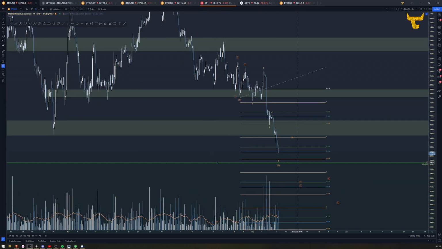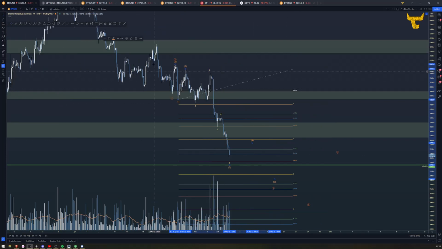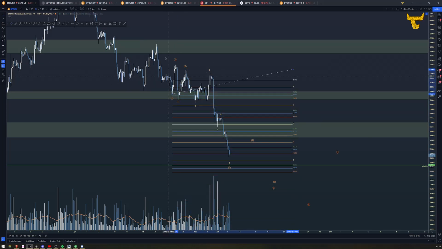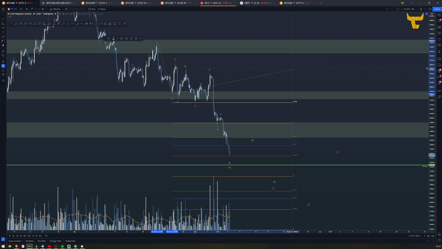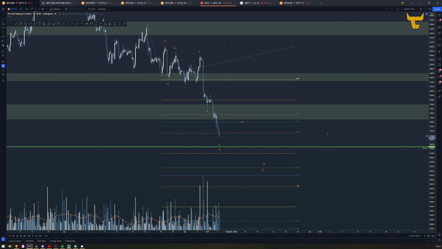1, 2, 3, maybe 4. For 5, and higher degree, 1, 2. So we already reach the minimum extension we expect for wave 3.